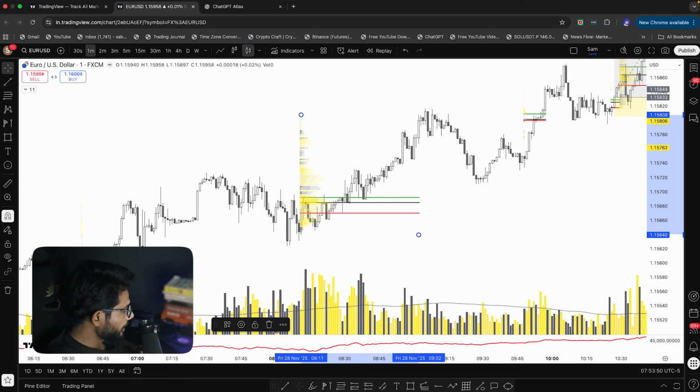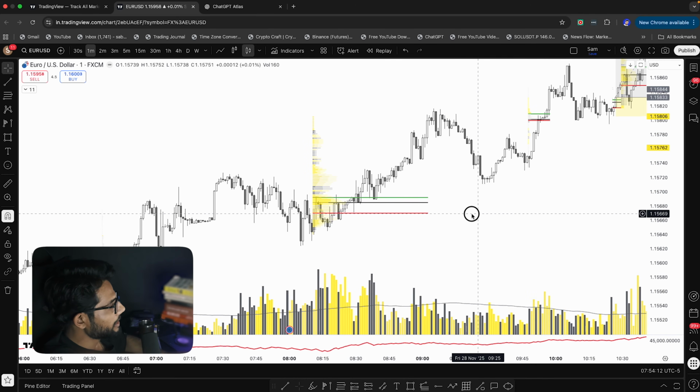It really shows you whether buyers are getting absorbed or sellers are getting run over, whether a breakout is legit or not, or whether there is hidden strength or weakness. Volume delta shows you at which price point the buyer was more powerful or the seller was more powerful. So that's pretty much it.